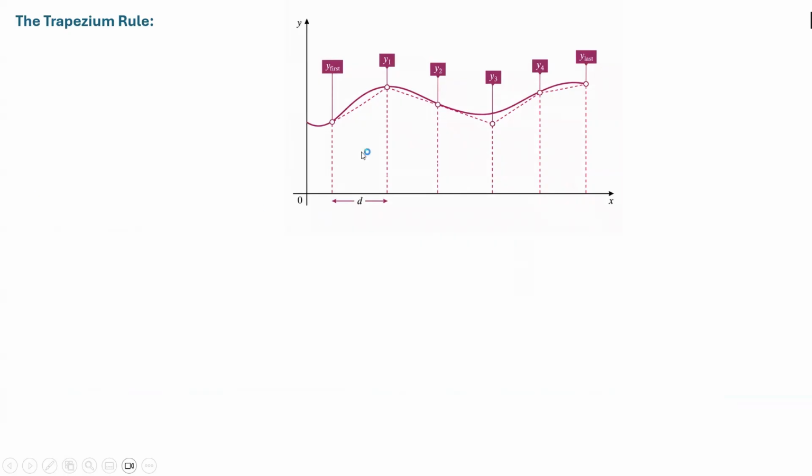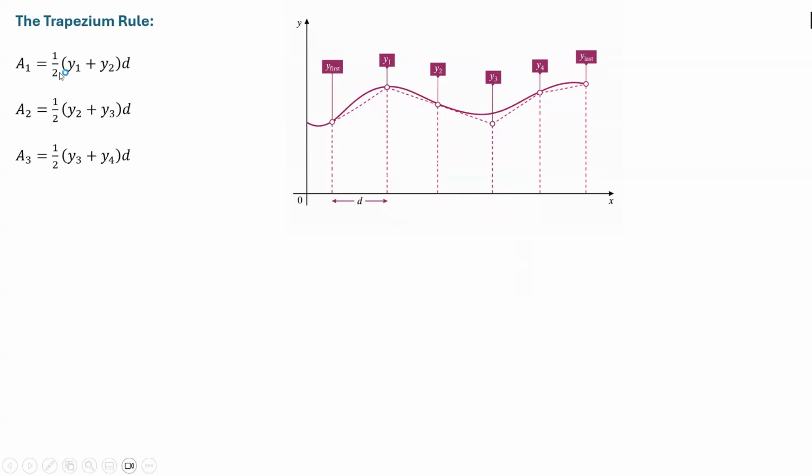It will make a trapezium, and you know the area of a trapezium is half the sum of the parallel sides multiplied by the width. For our first strip, the parallel sides are y1 and y2, and we add those heights, divide by 2, and multiply by the width.